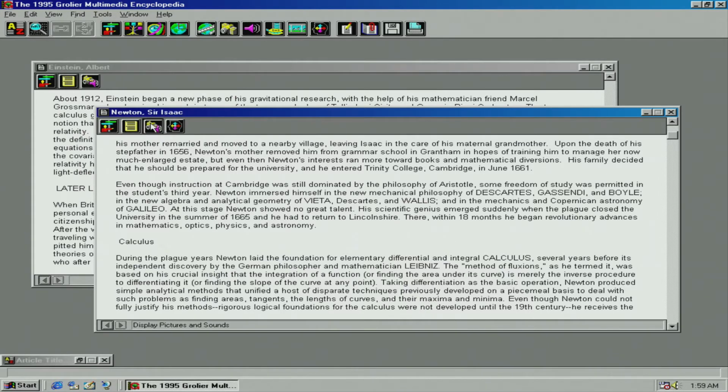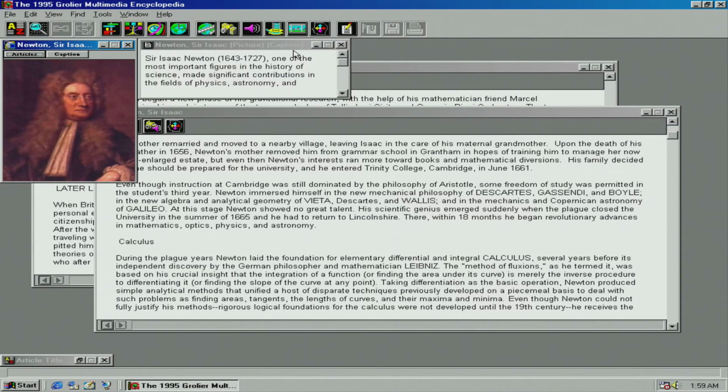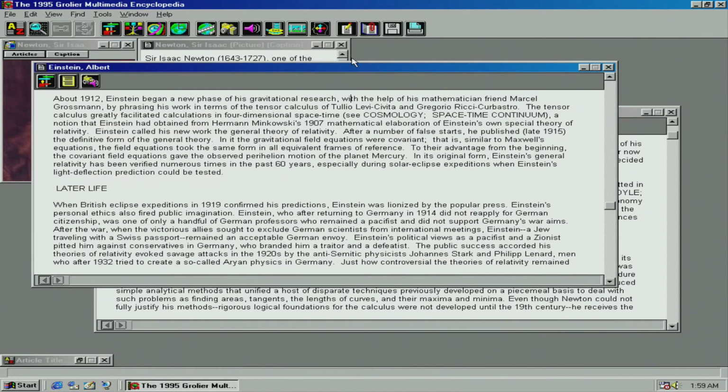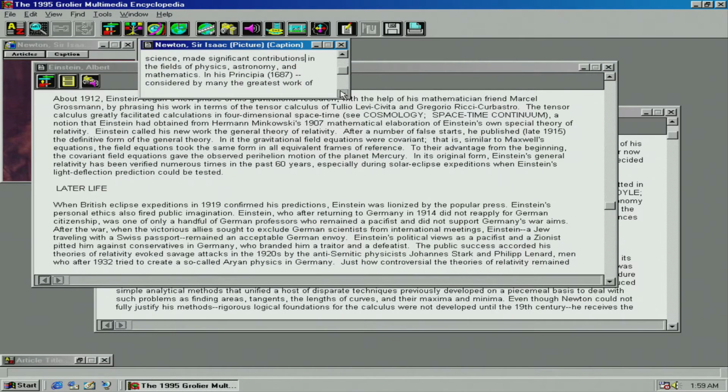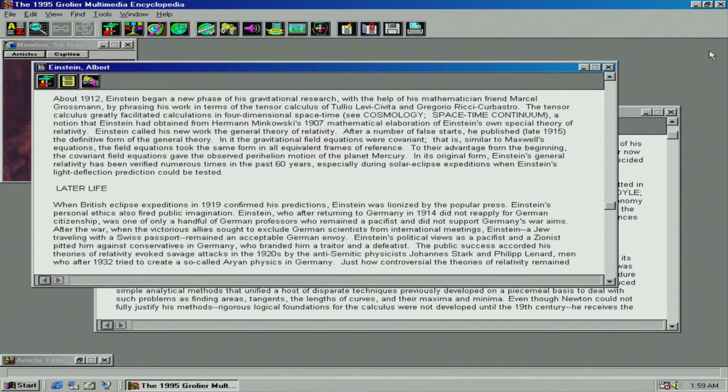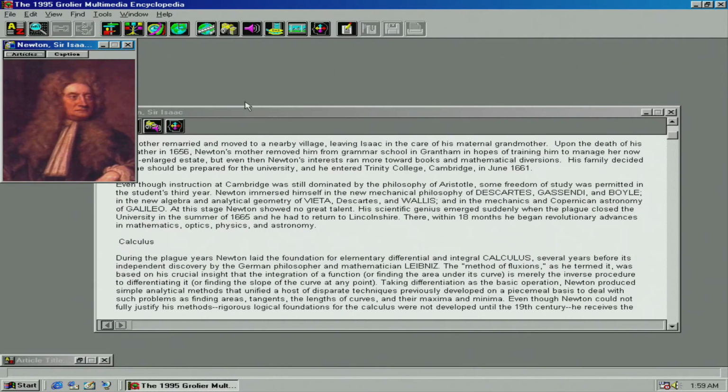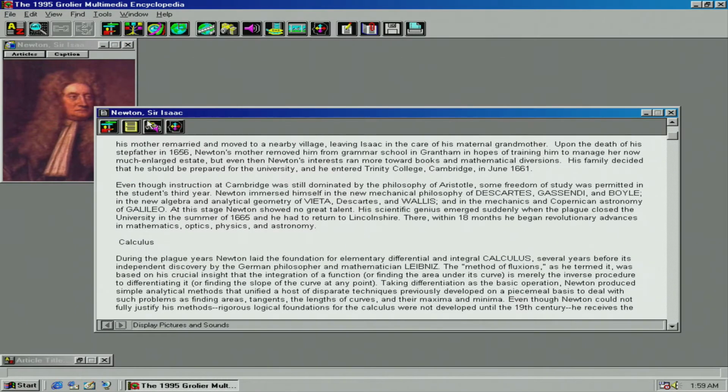Okay. You have all this stuff in there. It's very interesting. You have all these little screens.